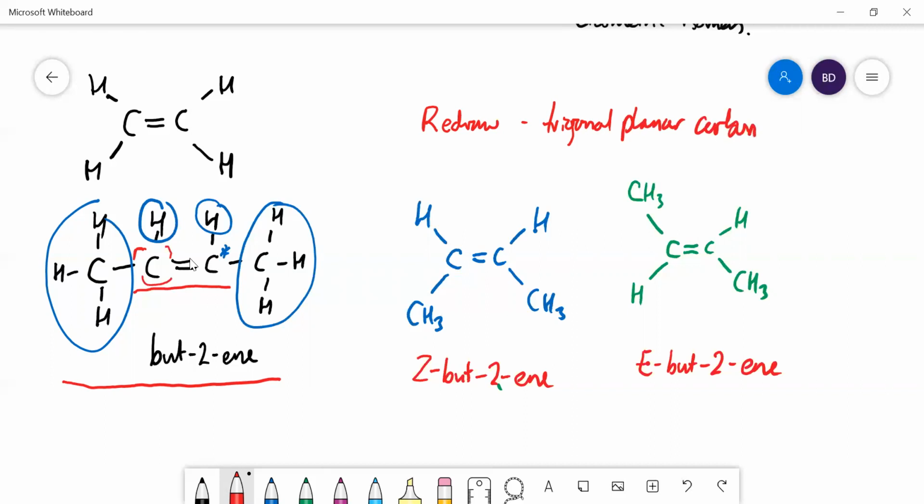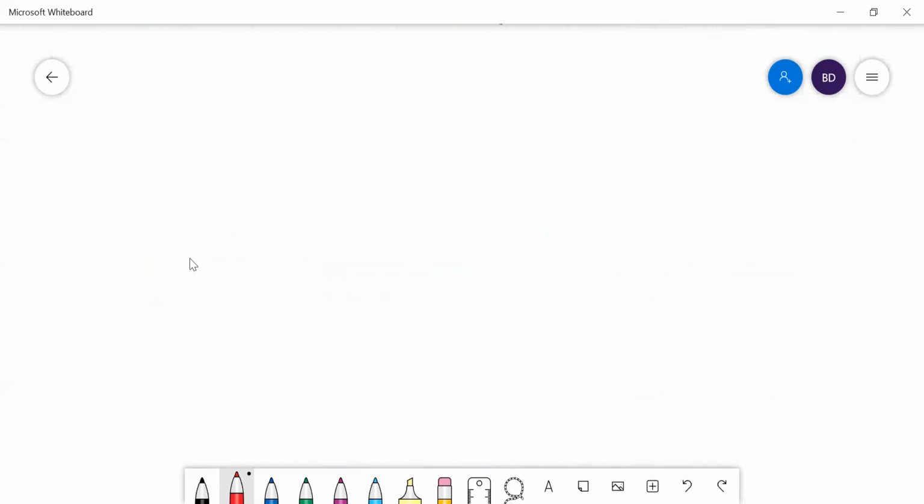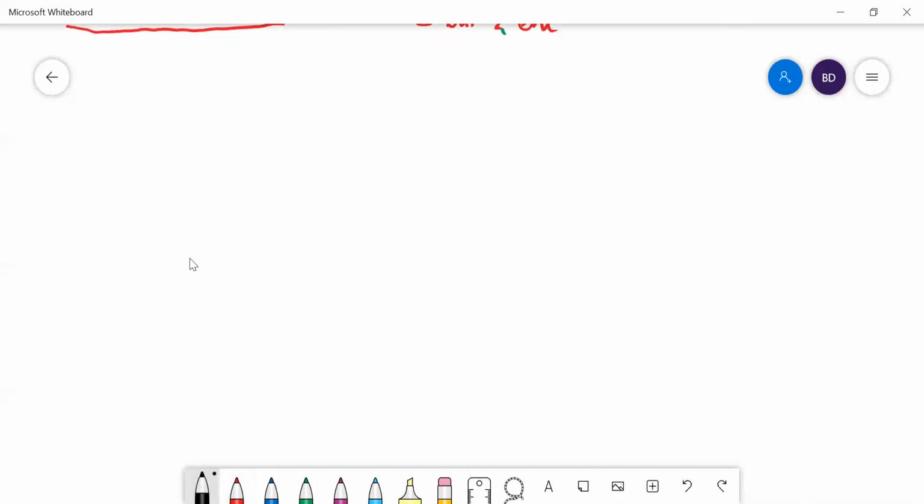Okay, so let's have a look at but-1-ene now. You probably draw it out like this, not making any effort to show what the real bond angles are.